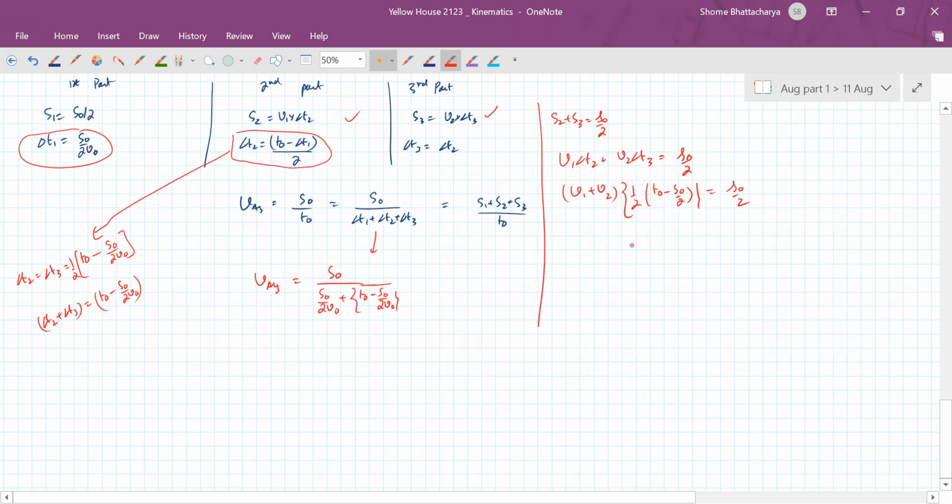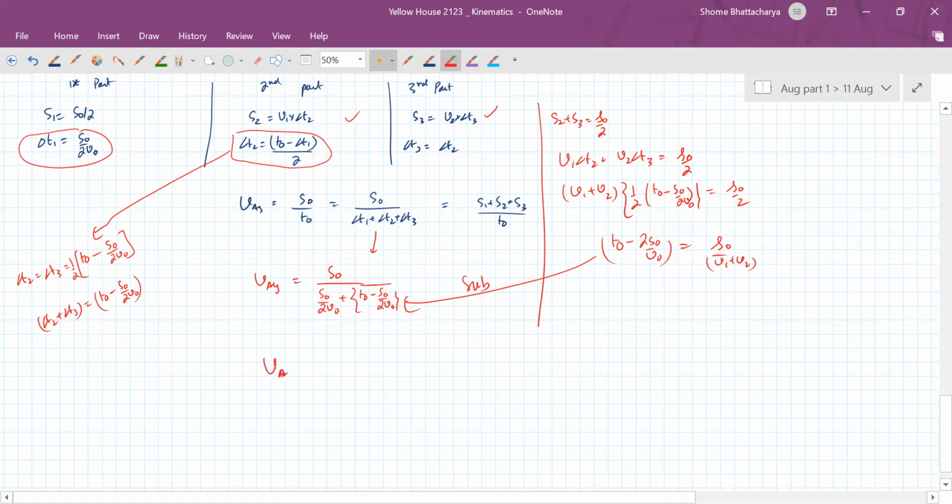Yes. So now we have this, see, this half and half cancels. So this T naught minus 2 S naught by V naught itself is how much? It is S naught upon V1 plus V2. Clear now? Yes, sir. So we substitute this here.